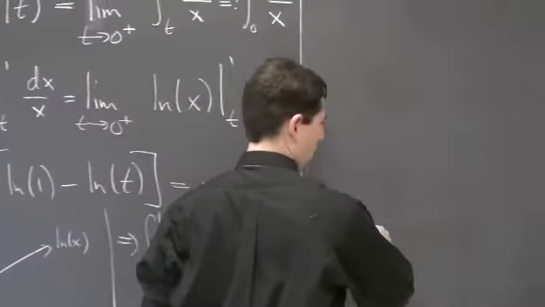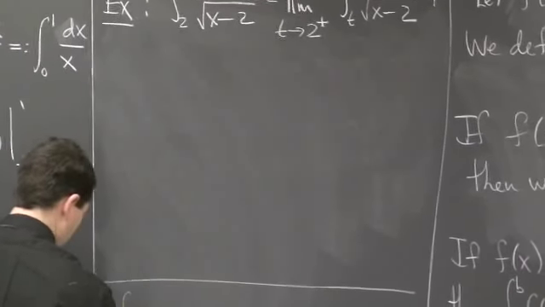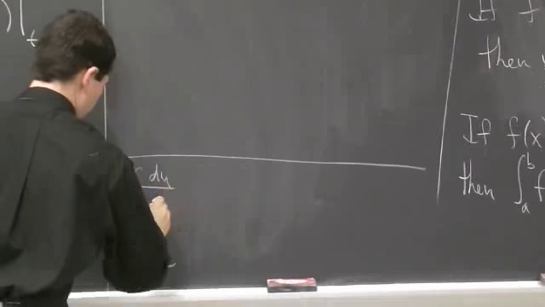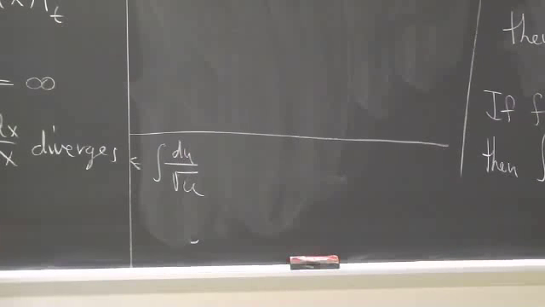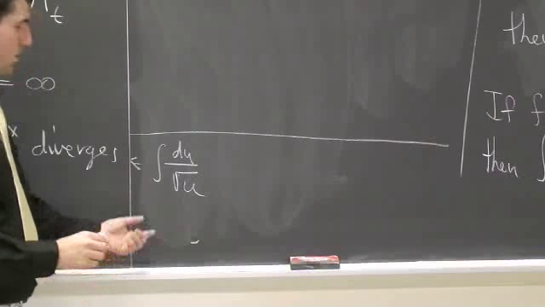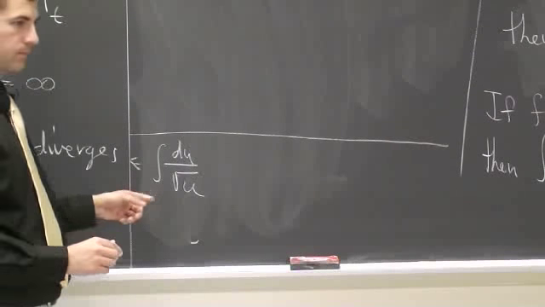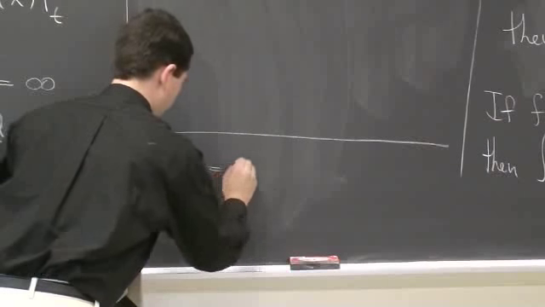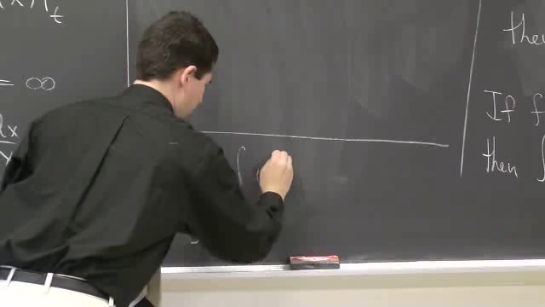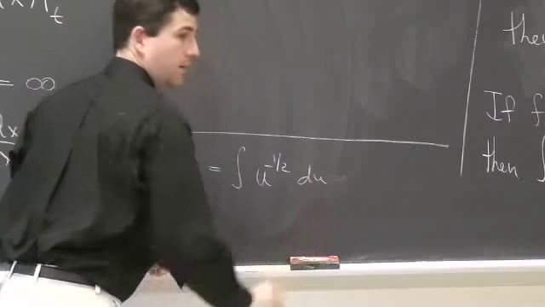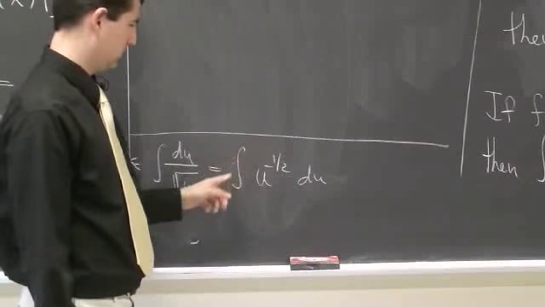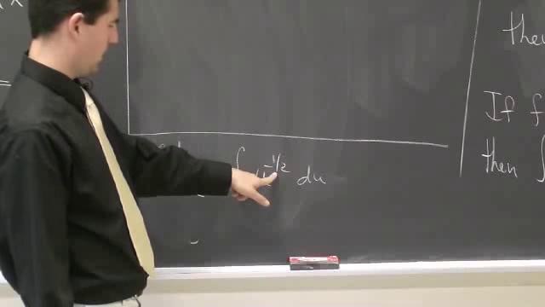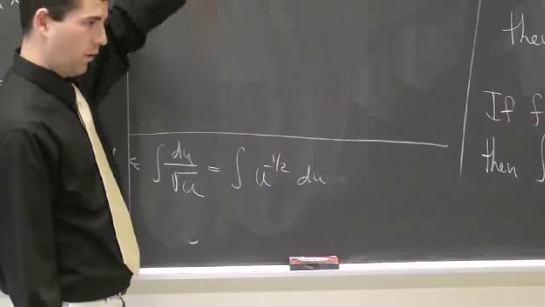Let's see. If you wanted to integrate du over the square root of u, well, this is u to the minus 1/2 power. You add 1 to the minus 1/2, and you get a half. 1 over a half is 2.